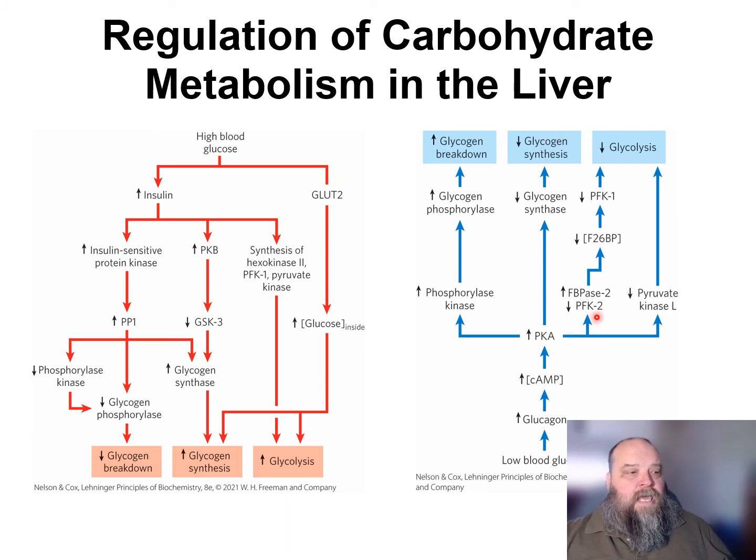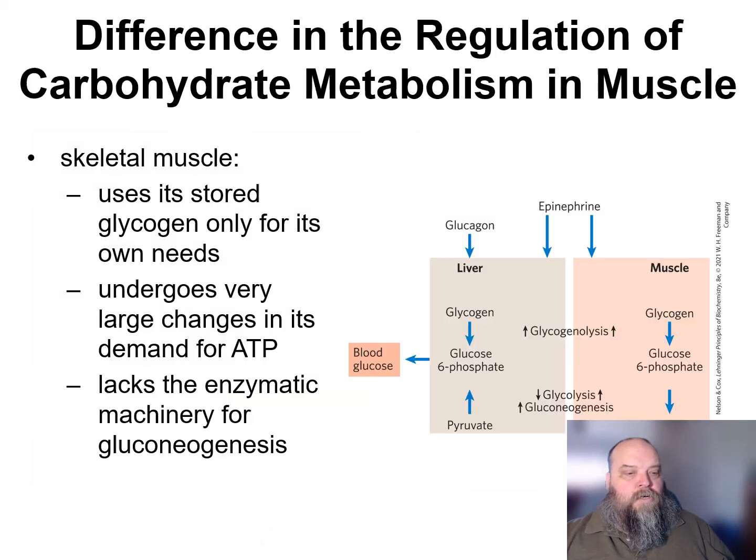High levels of PKA, we're going to see decreased levels of all the enzymes of glycolysis. Because you want to take the sugars and release them into the bloodstream because you have low blood sugars. You don't want the sugars entering glycolysis to be turned into pyruvate and ultimately released as carbon dioxide and lots of ATP. So you're going to see this shift. High, low blood sugar levels.